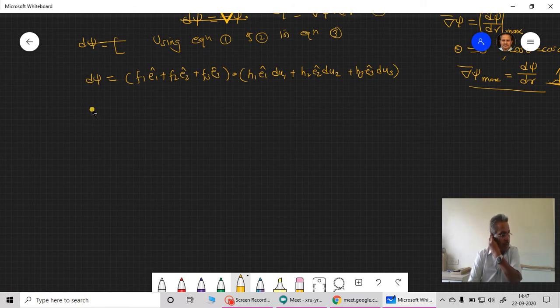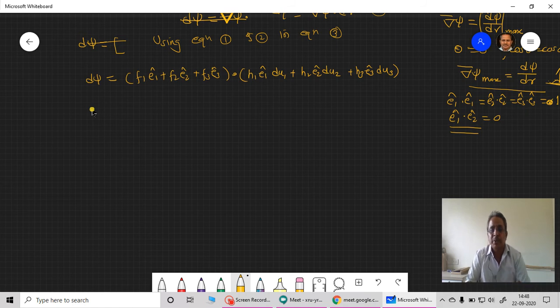Now since this is a dot product, as we all know, e1 cap dot e1 cap, e2 cap dot e2 cap, and e3 cap dot e3 cap are each equal to 1, and for all other combinations like e1 cap dot e2 cap etc. it is going to be 0, because these are mutually perpendicular to each other.